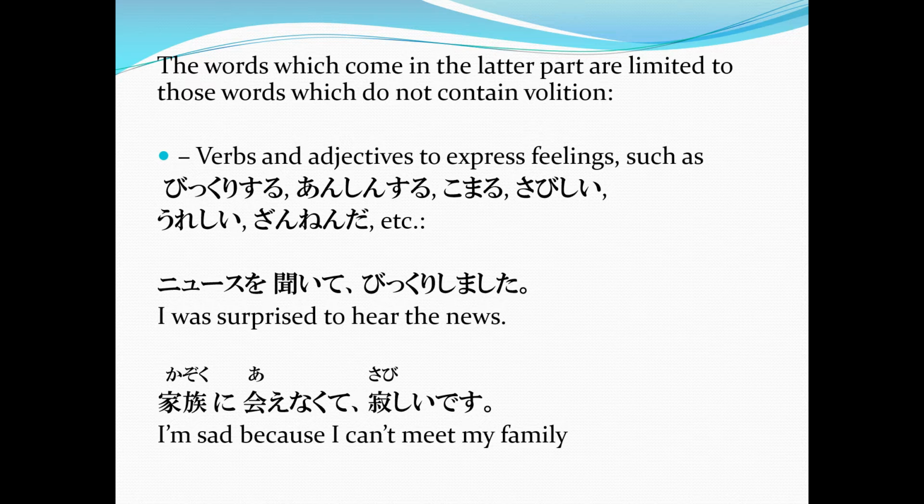In this sentence, the te pattern has been used to express sadness because of the situation wherein the speaker cannot meet his family. Instead of using kara, the speaker uses the nakute pattern.